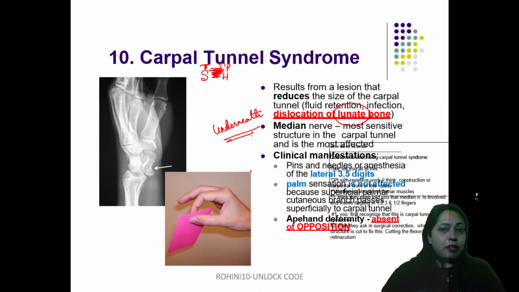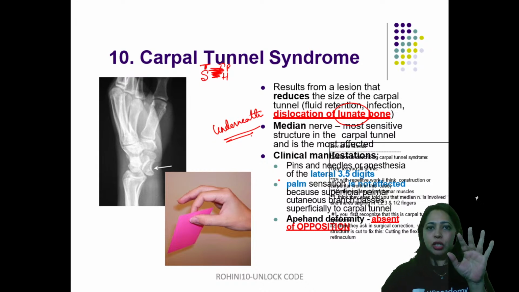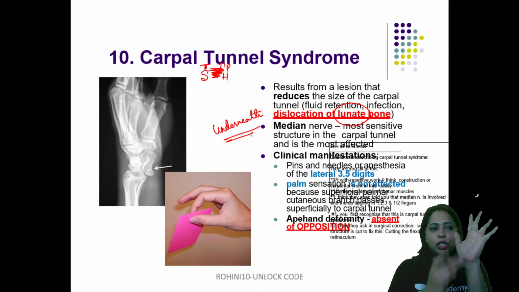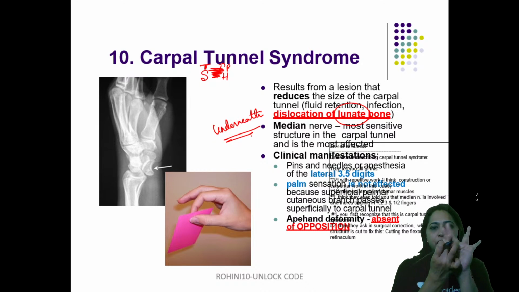Other clinical manifestations you can list are pins and needles sensation on the lateral 3.5 digits. The palm sensation is not affected, because the superficial palmar cutaneous branch passes superficial to the carpal tunnel.